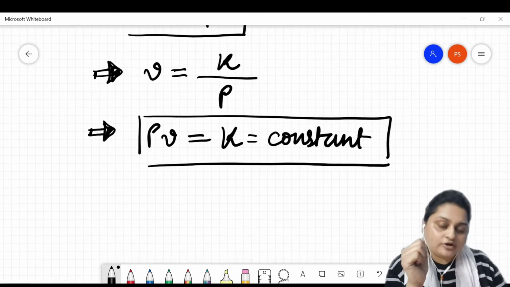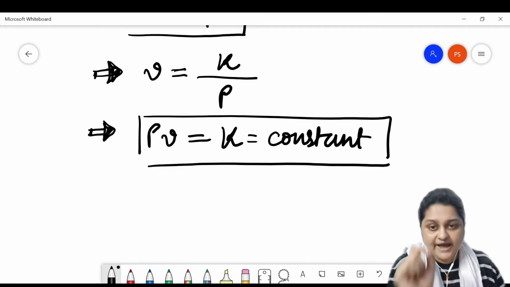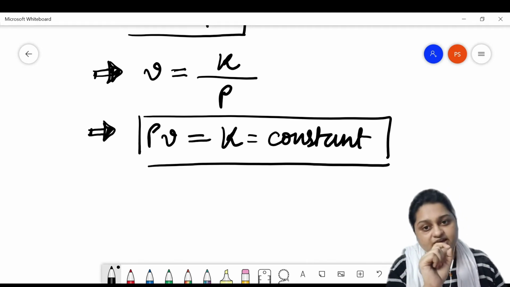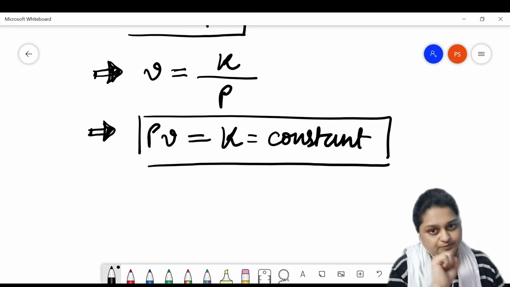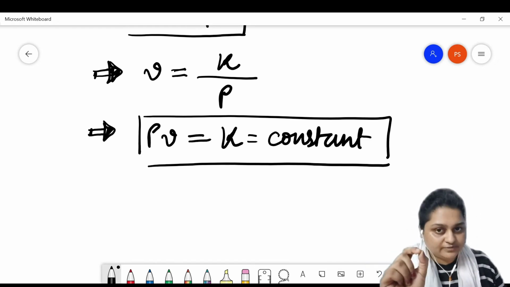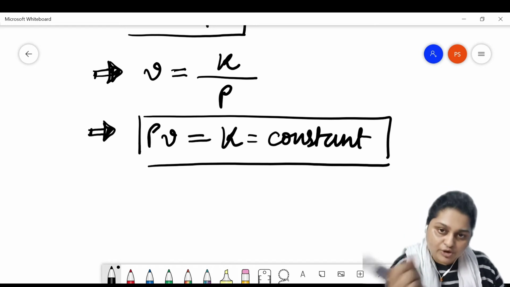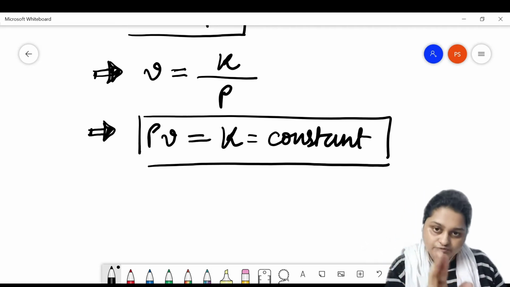Now, this can also be represented as follows. Suppose a certain amount of gas at T Kelvin temperature is taken, and the pressure and volume are found to be P1 and V1. At that same temperature, that certain amount of gas changes pressure to P2, so obviously the volume will also change to V2.